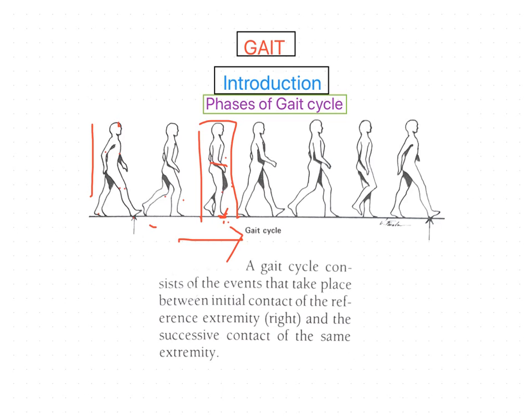These activities require coordination, balance, intact kinesthetic and proprioceptive senses, that is joint senses, and integrity of all the joints and muscles. All together they form a normal gait.